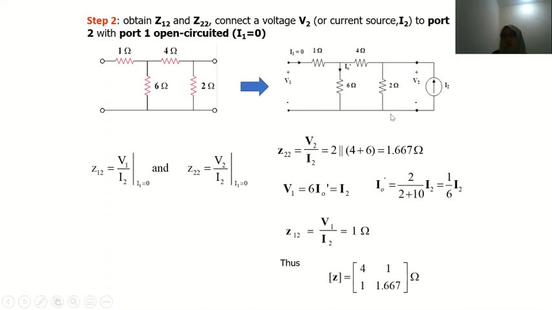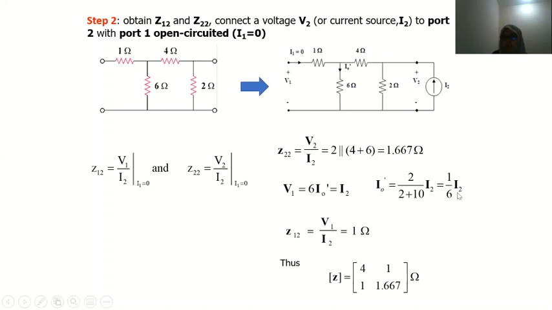To get I naught prime here, using the current divider rule, you take the opposite resistor, which is 2 ohm, divided by the total resistor, 2 plus 10, times your current source I2, which gives you 1 over 6 I2.